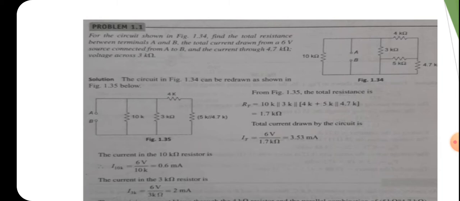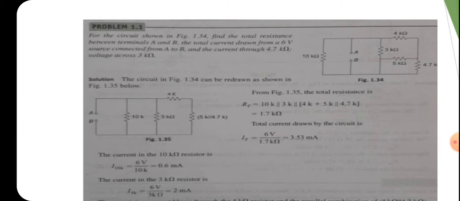If you have any doubt, you can ask me. So the circuit diagram consists of 10 kilo ohm first, then 3 kilo ohm, then 4 kilo ohm in series with another resistor whose value is 5 kilo ohm parallel to 4.7 kilo ohm. Then it is a simple circuit and you can easily find out the total resistance.